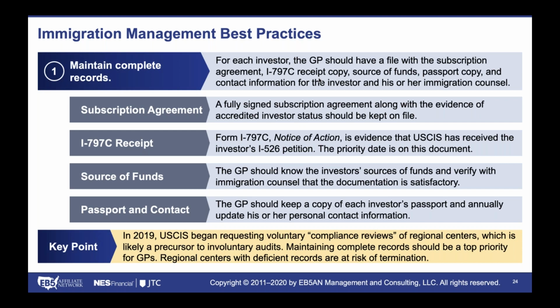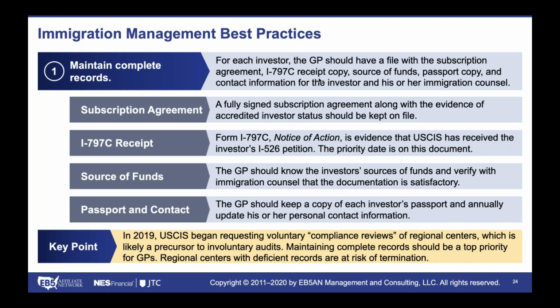All of the backup of the source of funds is going to be kept with the immigration attorney, but the GP and regional center should understand a general sense of the source of funds. And also, it's critical to keep contact information. People change email addresses, phone numbers, but staying current with all of that is good so that you can always get in touch with the investors and there are never any issues with not being able to reach them.